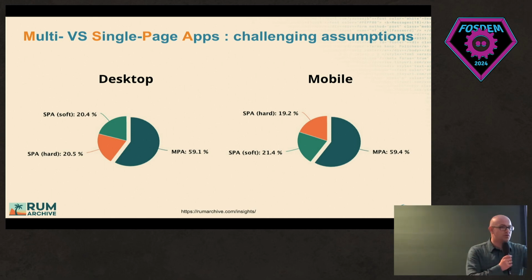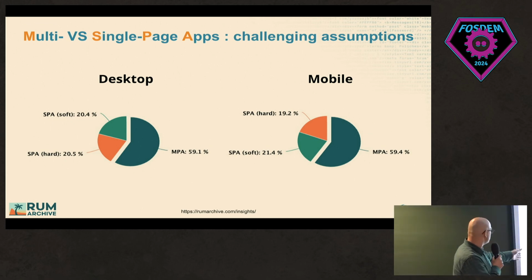Now, for web performance people, this is actually good news, right? This means we have a lot of job security down the line, so that's good. But still a bit weird. And another very interesting point here is the difference between hard and soft. So hard means the initial load of the single-page app, right? The spinner that we saw before. The argument being, you download more, it takes a longer time to load the very first time, but after that, everything is much faster.